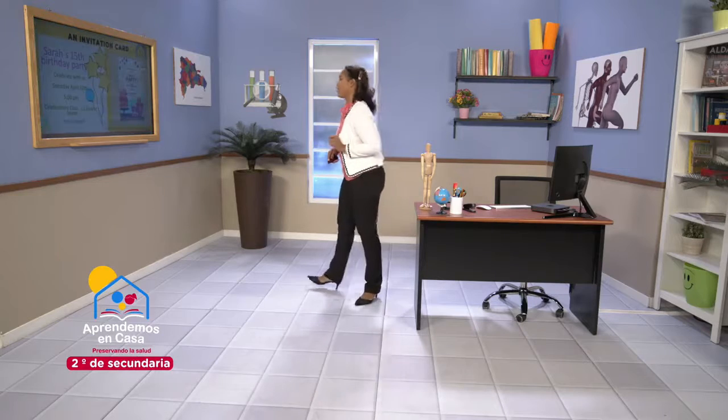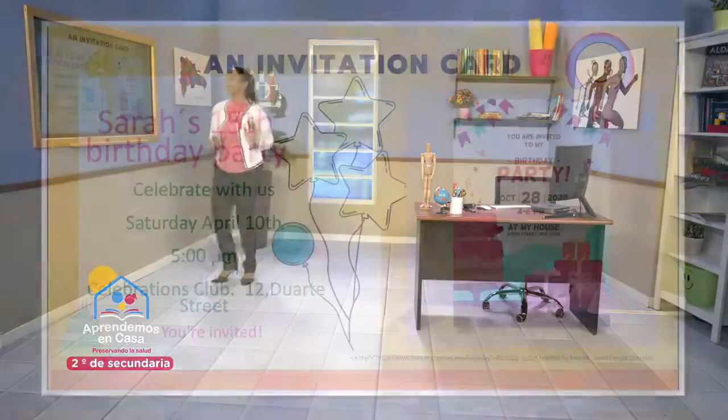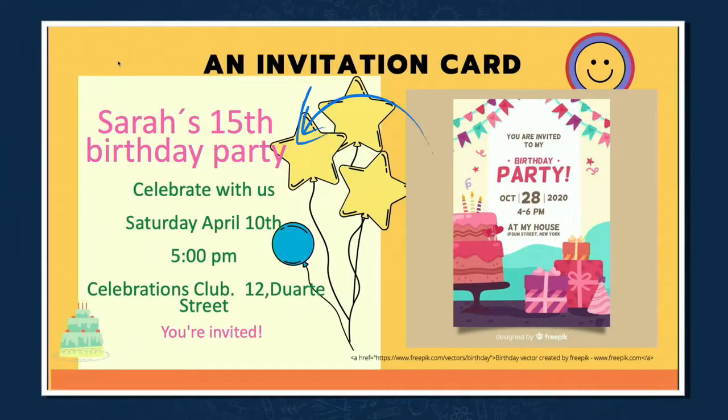An invitation card. Look at these invitation cards. Sarah's 15th birthday party. Celebrate with us. Saturday, April 10th, 5 o'clock p.m. at Celebrations Club, 12 Duarte Street. You're invited.